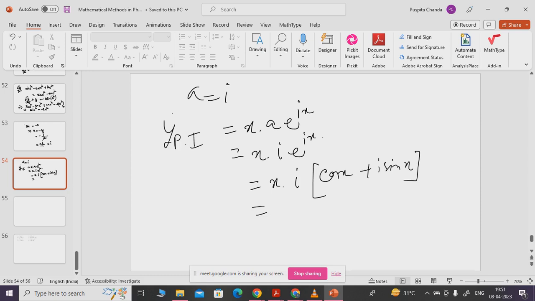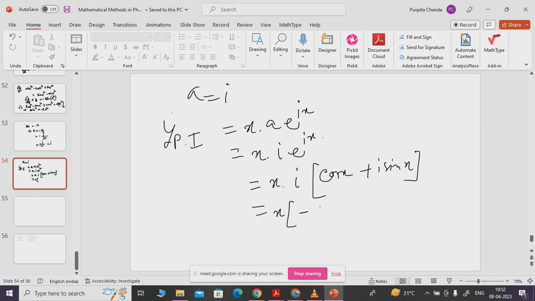Remember, we have written sin x as the imaginary part of e^(ix). So the right-hand side of the differential equation is the imaginary part of e^(ix). So after we get a solution in terms of e^(ix), we will only consider the imaginary part. If it had been cos x, it would have been the real part of e^(ix), and we would only consider the real part.